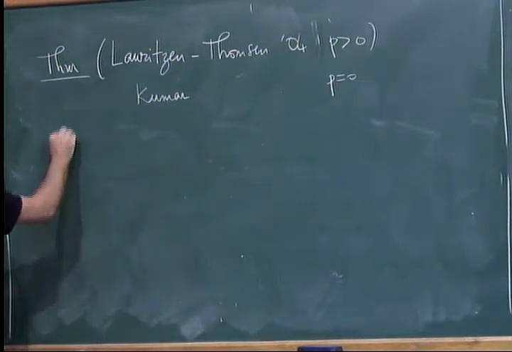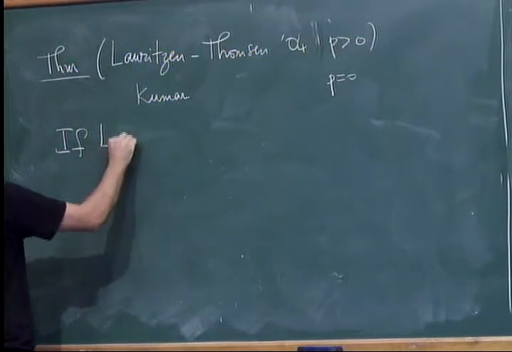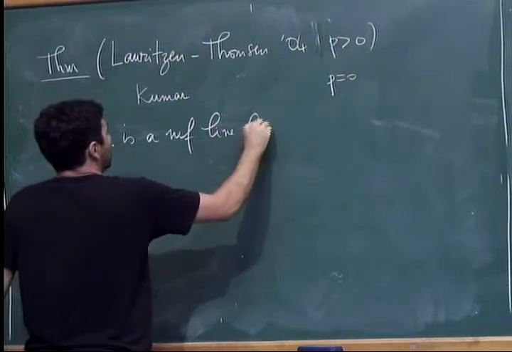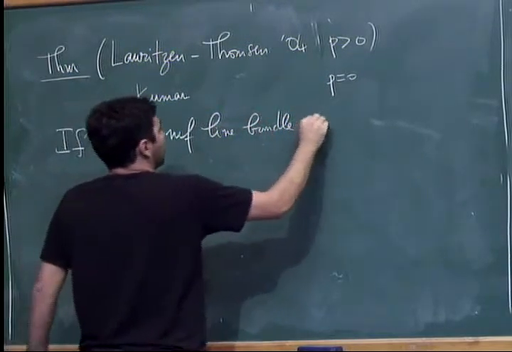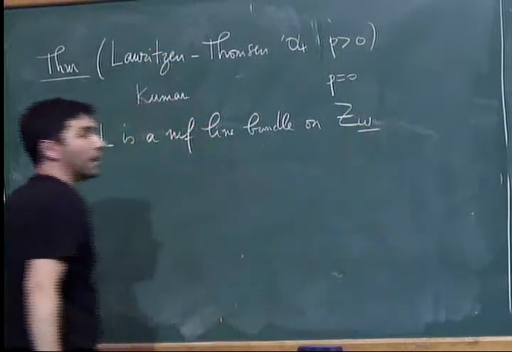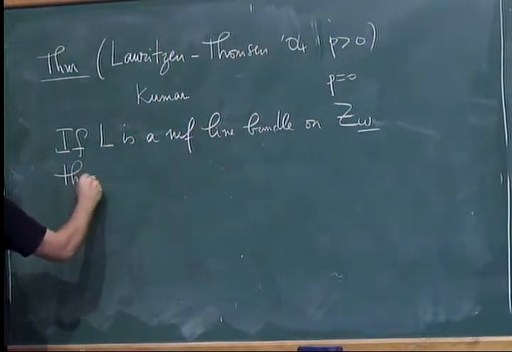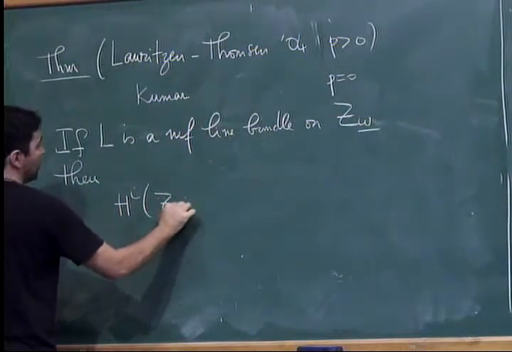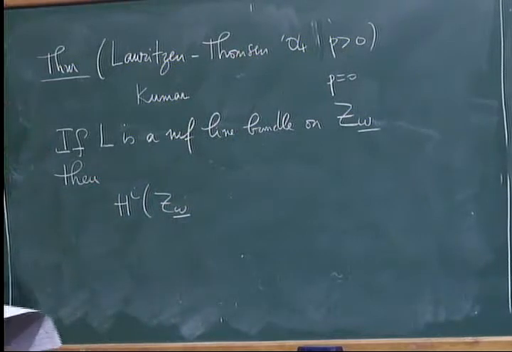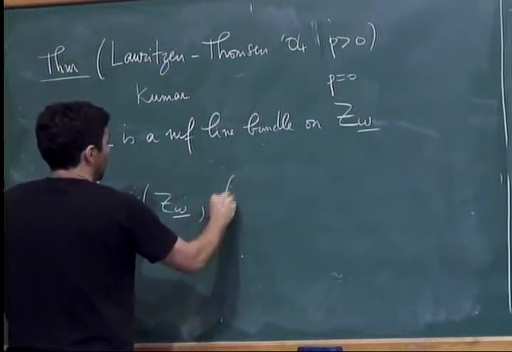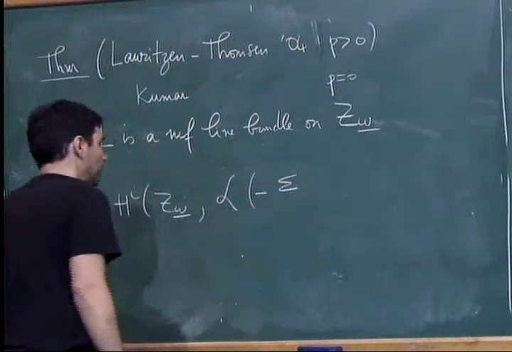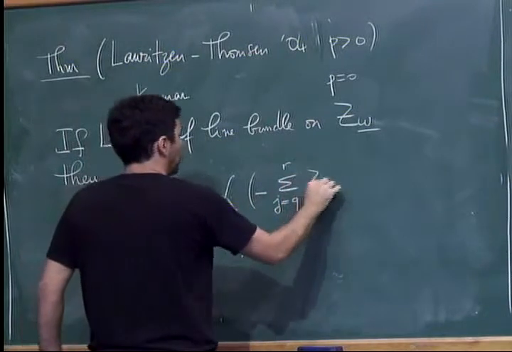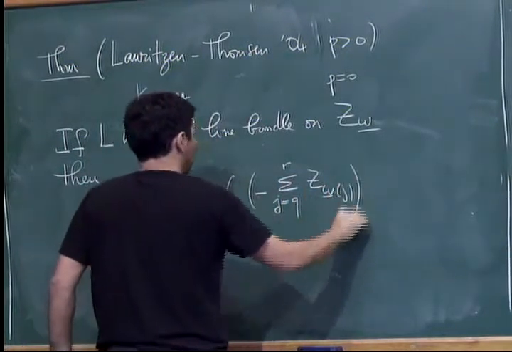And it says that if L is a numerically effective line bundle on Z omega, then you get that the cohomology, so this is at the level of Z omega, the Bott-Samelson varieties, H^i of Z omega with coefficients in L tensor Omega^q to the r of Z omega.